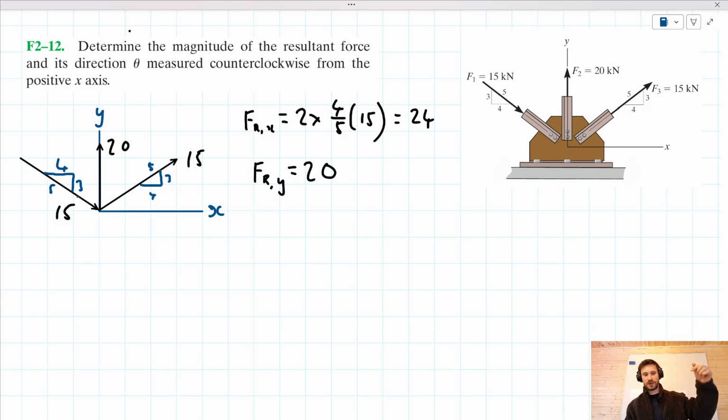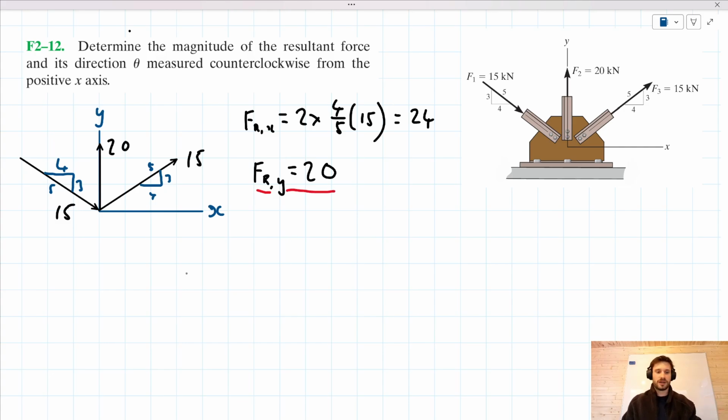The amount that the F1 force is going down is equal to the amount that the F3 force is going up. So they cancel each other out. We can ignore that. We can say the y component of our resultant force here is 20.